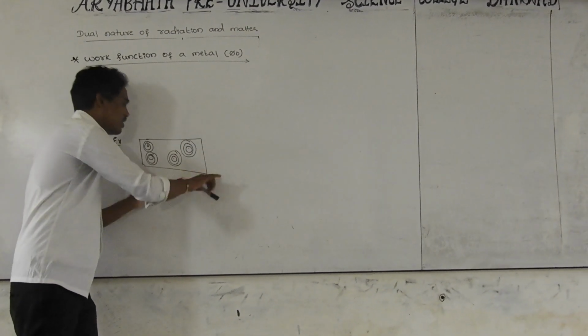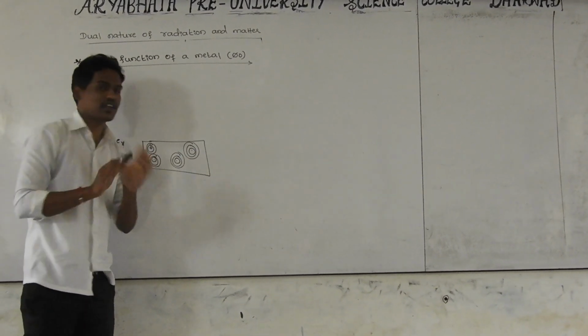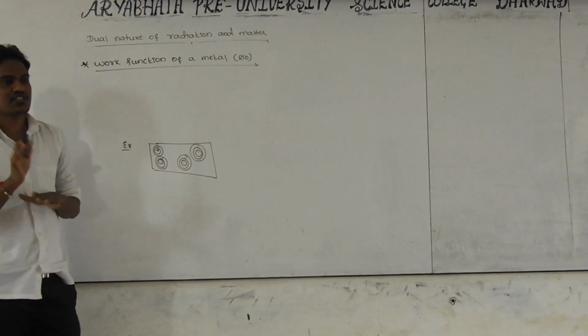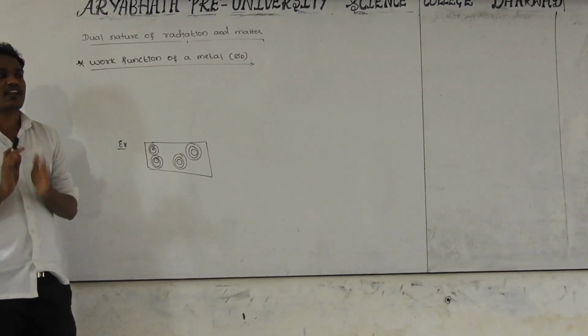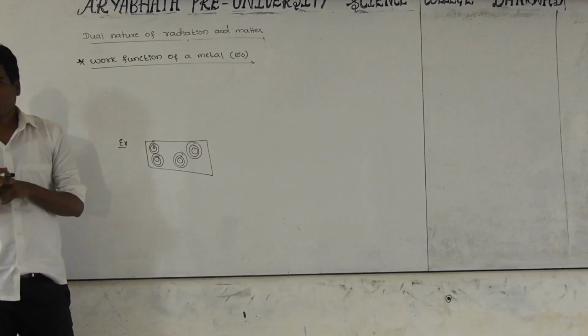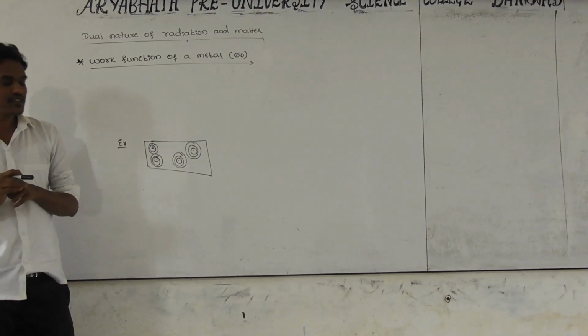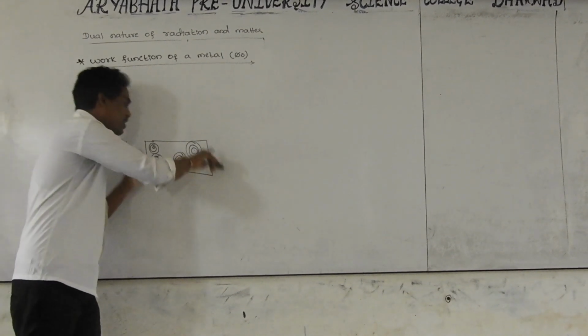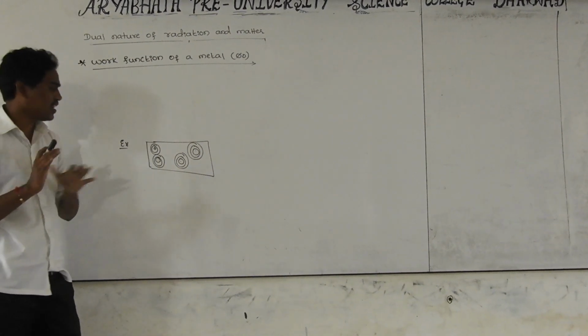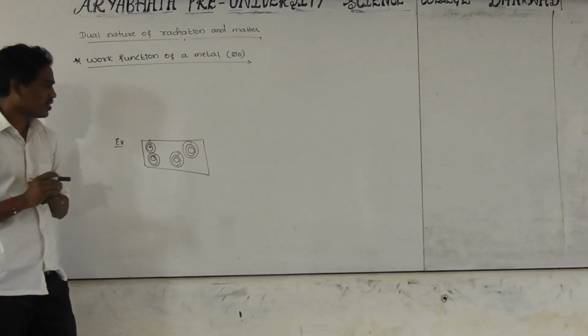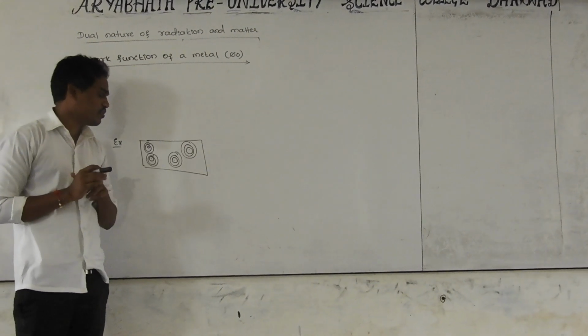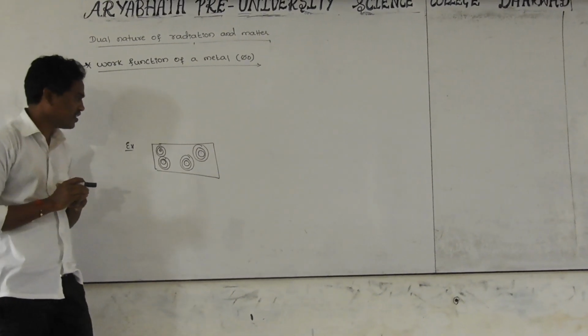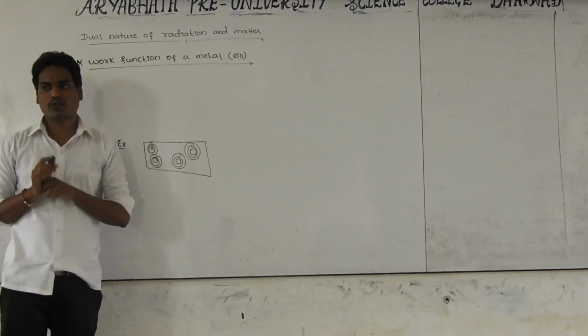I considered one metal, whatever it is. It may be cesium, platinum, copper, gold. I don't know the name of this metal, but I am generally considering one metal. It consists of infinite atoms, and for convenience I considered only 4 atoms.